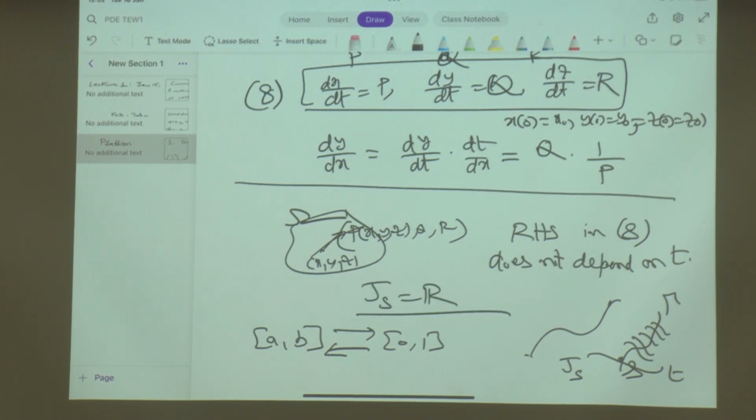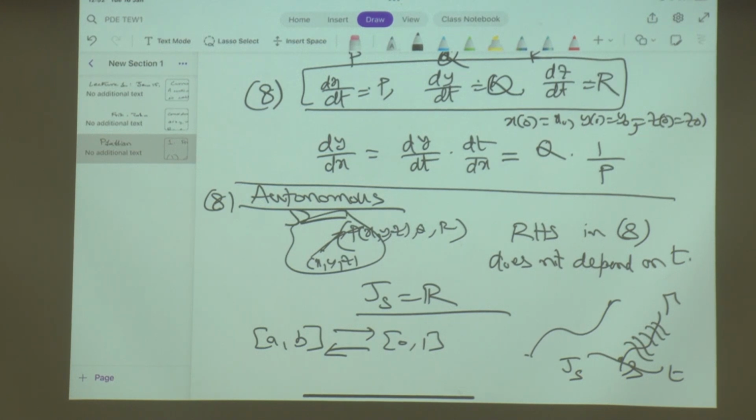That is a property of this equation 8 being an autonomous equation. 8 is autonomous. That's a very important property. For solutions of autonomous equations, you can assume that solutions exist for all times, because you can do a reparameterization and you will get that. Of course, reparameterization will introduce some kind of constants here.